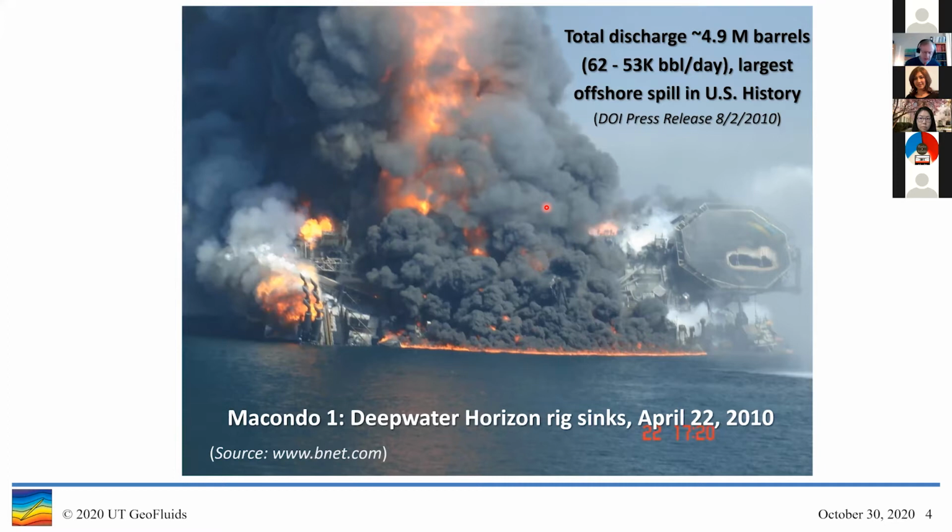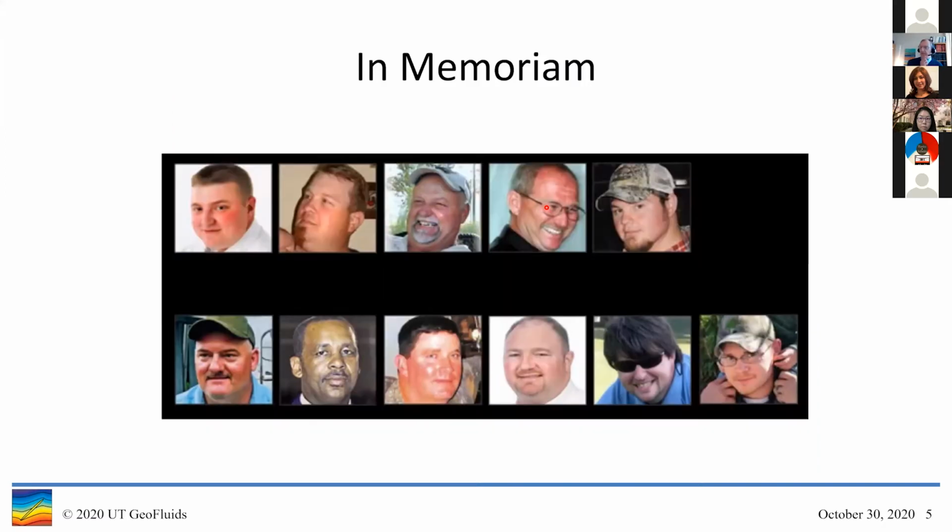The next slide I show always chokes me up, but 11 people were lost because of this event. And I can't talk about Macondo or even think about my field anymore without really understanding the importance of better understanding the science and engineering of deep water pressure and stress so that this type of event does not happen again. And in many ways, this talk and a lot of our research are dedicated to these people.